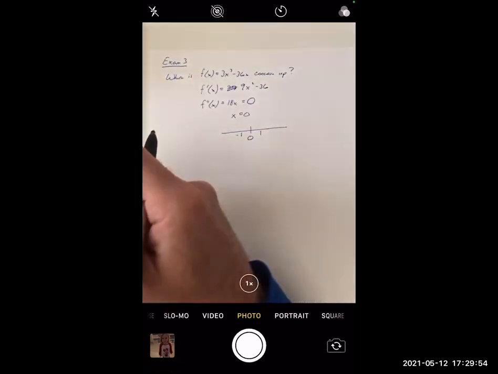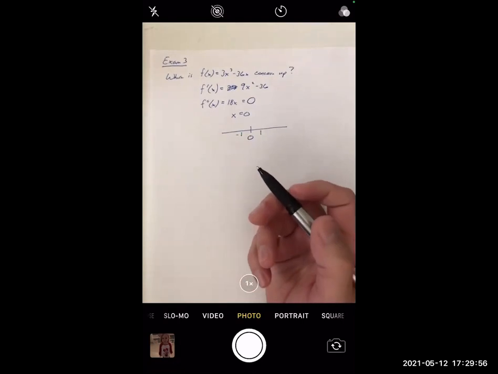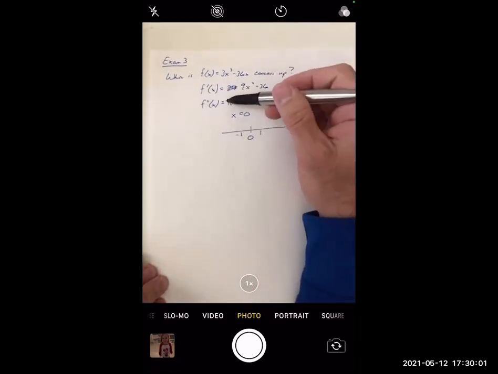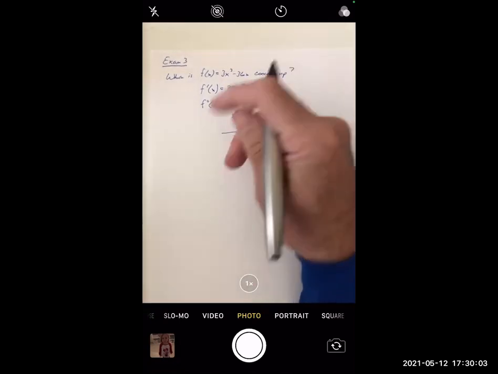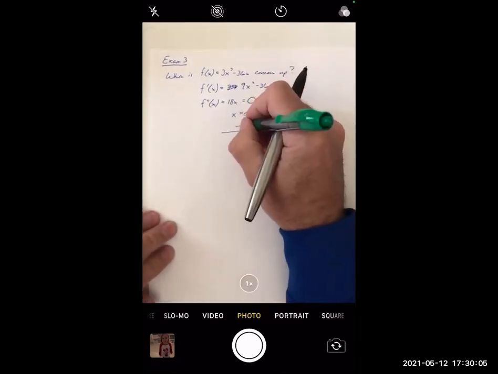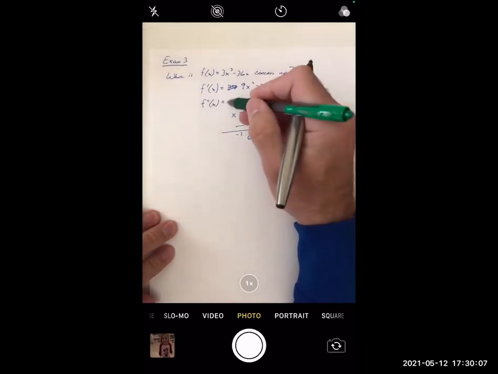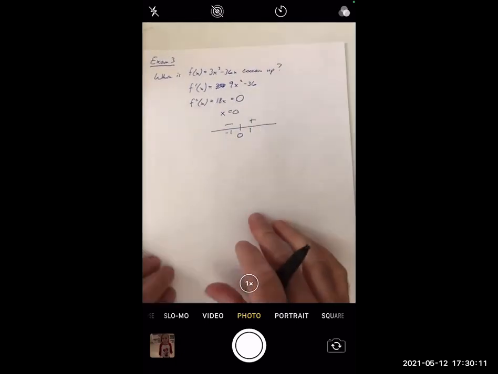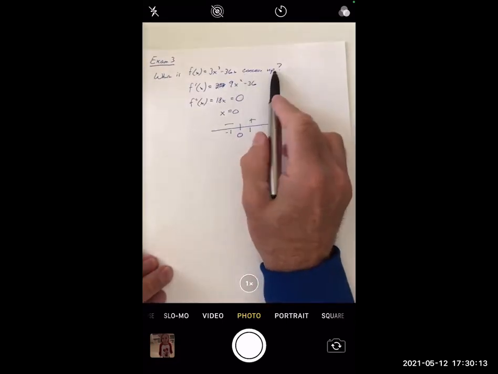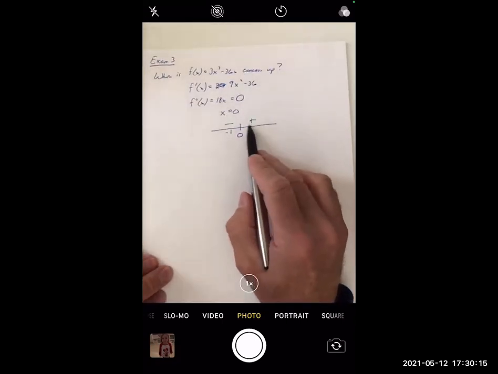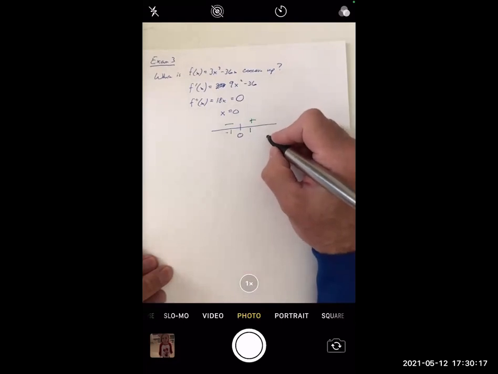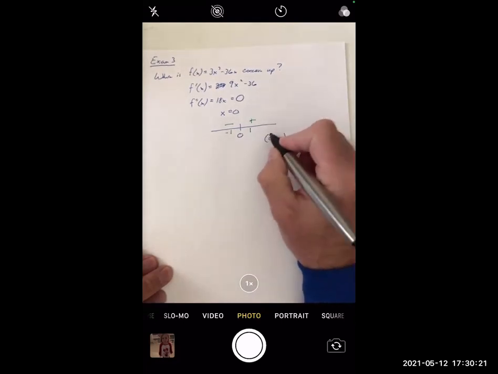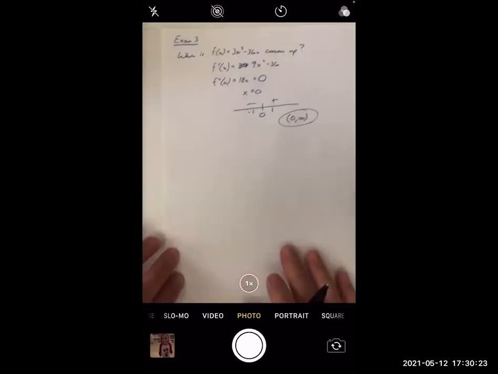Put them right back in the second derivative, and then you just care about if it's positive or negative. If you plugged in the -1, that comes out as negative. Plug in the +1, it comes out as a positive. So we just want to know where it's concave up. Any interval that has a positive on it is going to be the answer. So 0 to infinity.